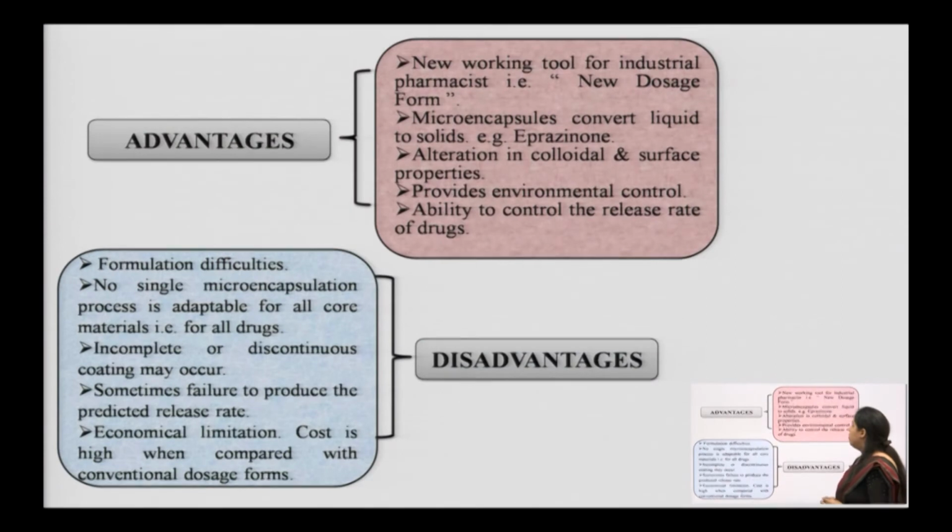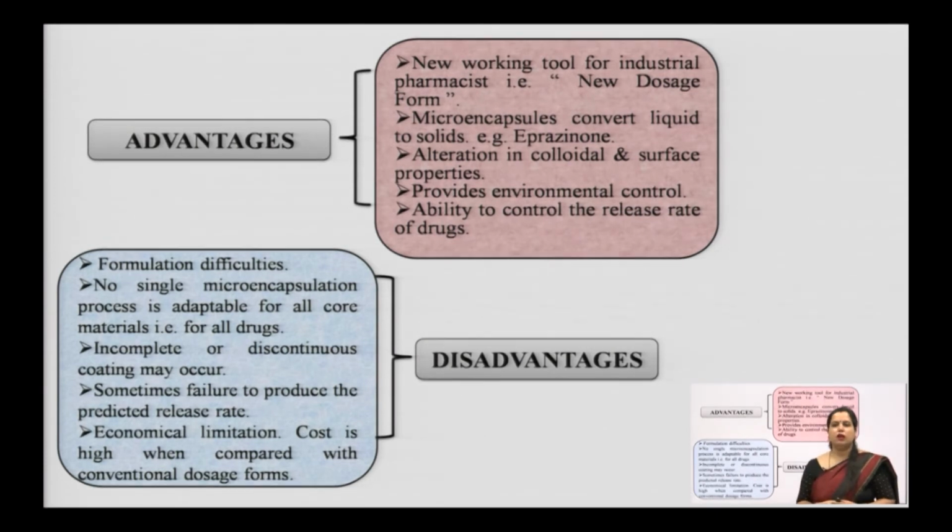Now, we will discuss the advantages. Why do we choose microencapsulation technique over the conventional dosage forms? Conventional dosage form means the oral solid dosage forms like tablets, capsules. Okay. So, here are some advantages, like it is a new working tool for industrial pharmacists.